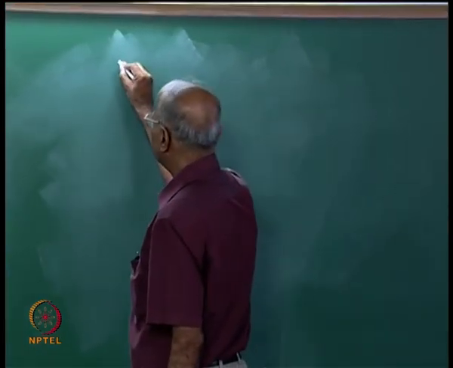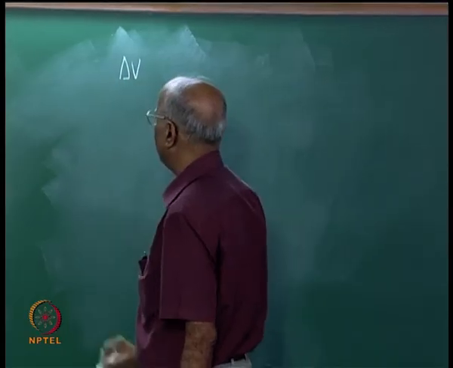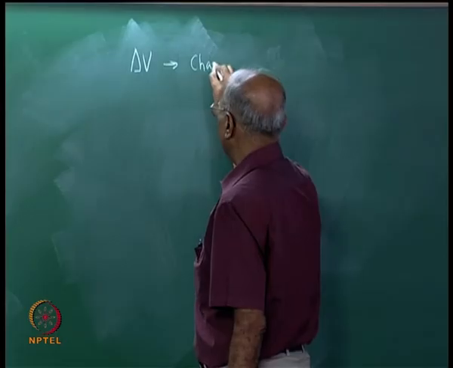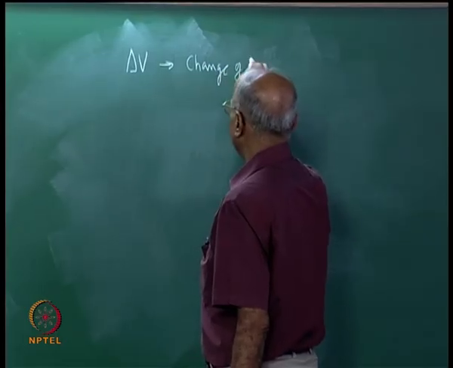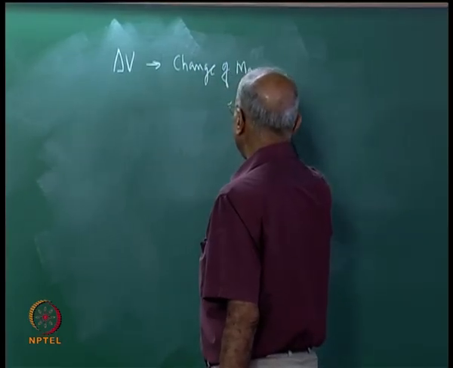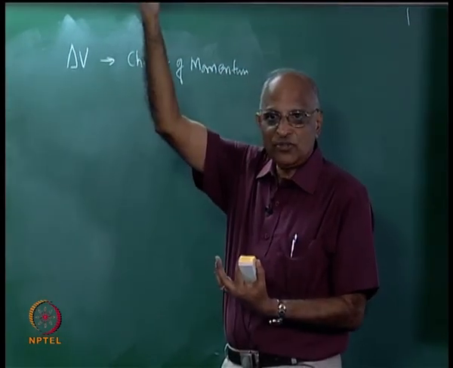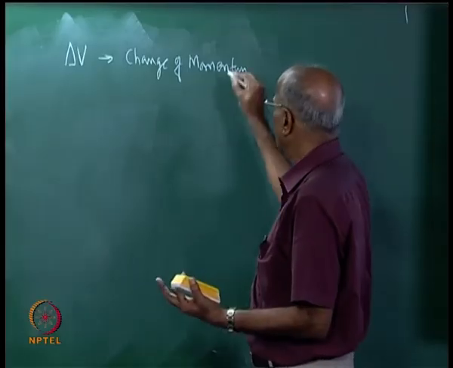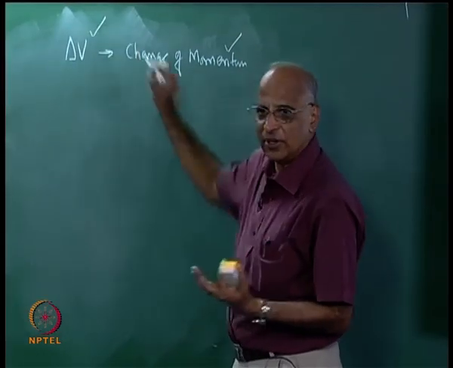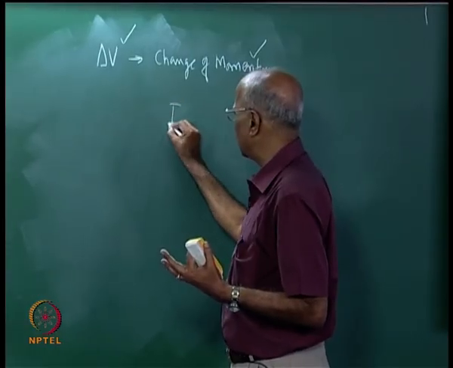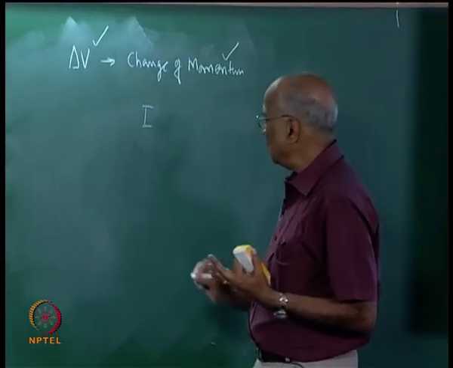We told ourselves a rocket gives you delta V. How does it give you delta V? Because of change of momentum, right? And that is because, why did I say change of momentum? I am standing here, I am watching the momentum change, I wrote the momentum change and I found out the value of delta V. What is the change of momentum known as? It is known as impulse I. What is the unit of impulse?